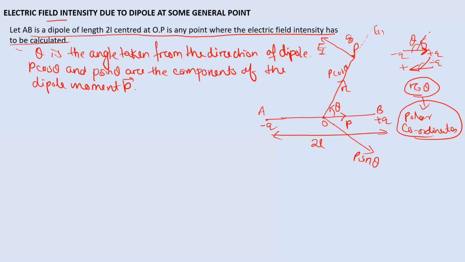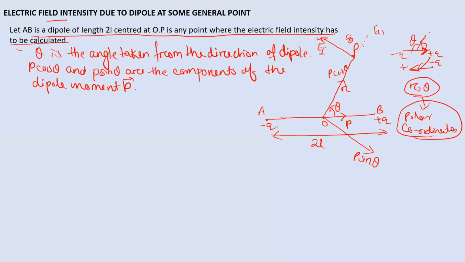So you can see this is your P sin theta, this is your what? E perpendicular, that is on the opposite side, right? So this is your E perpendicular. That means P sin theta is the perpendicular. This is for the perpendicular one, and E parallel is for the P cos theta.